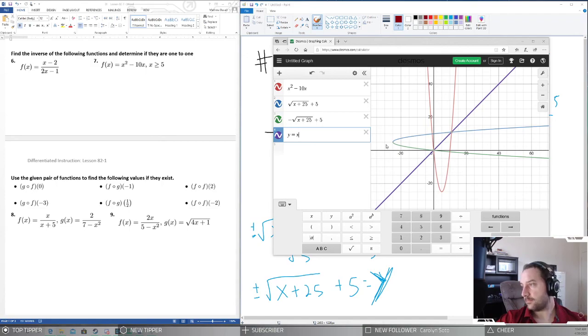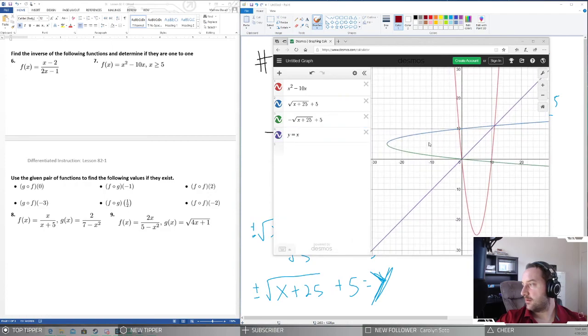Now, the issue is that if we look at this one right here, this plus or minus square root of x plus 25 plus 5, this graph is not a function.